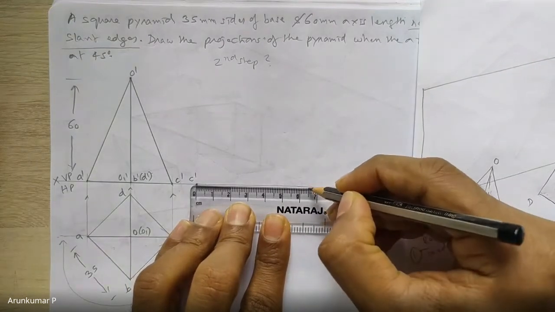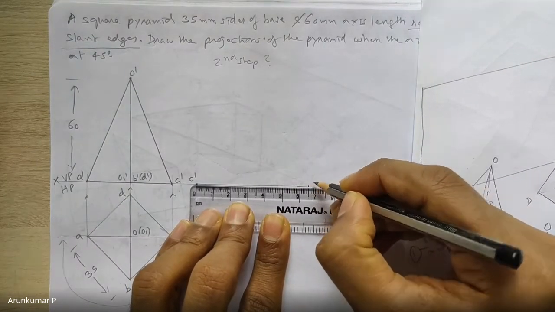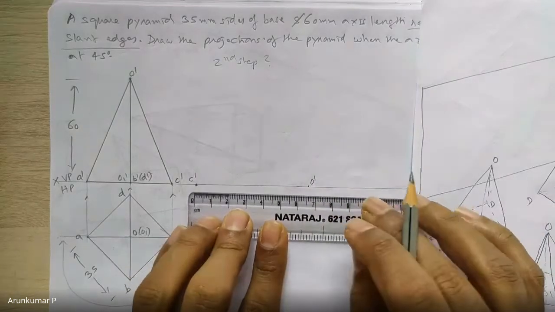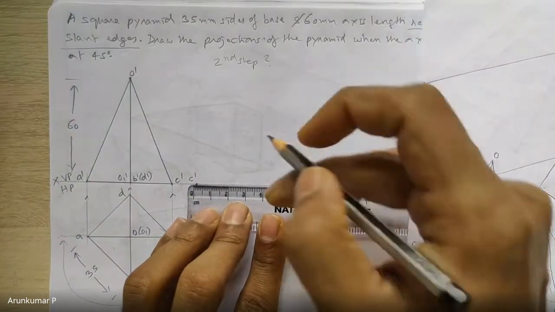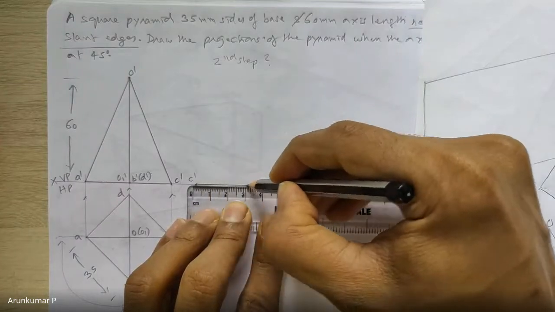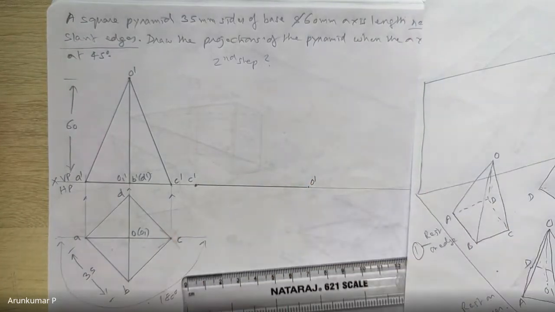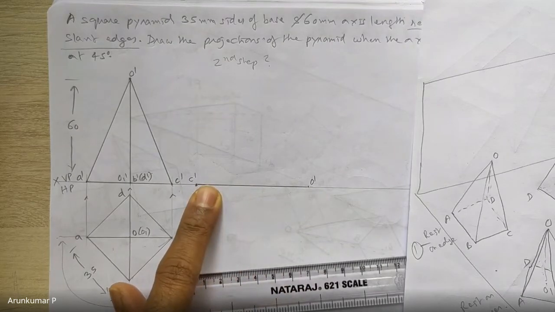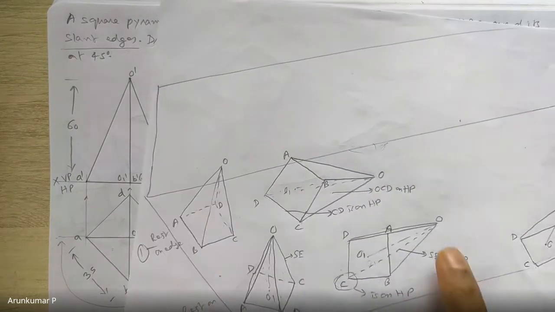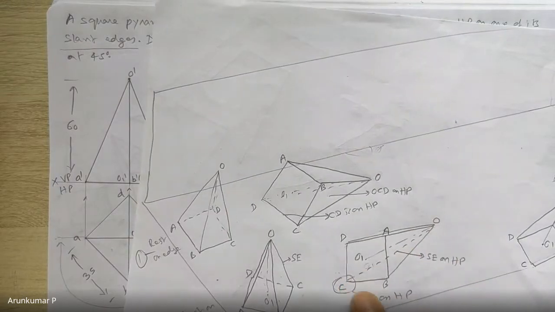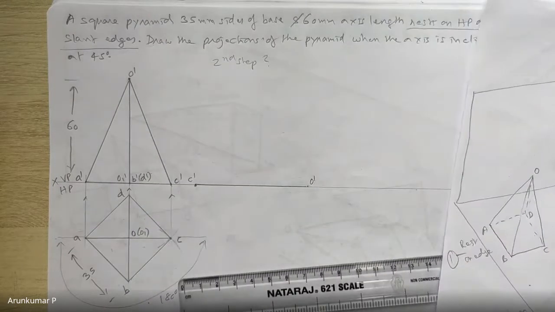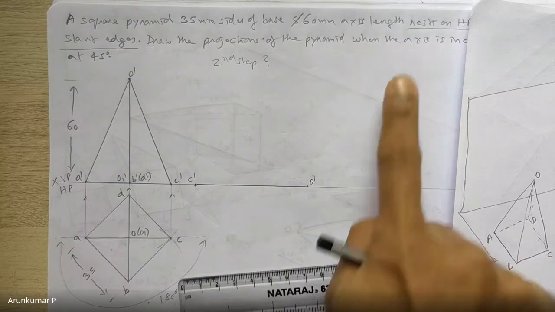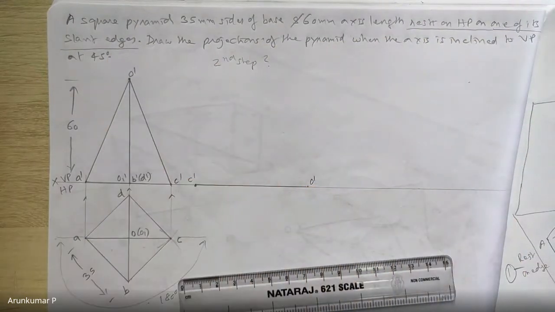So 65 mm away, I'm going to get O dash. You can join them, and this is the slant edge O dash C dash in the front view, or OC in the 3D view, which is on HP as per the statement of the problem.